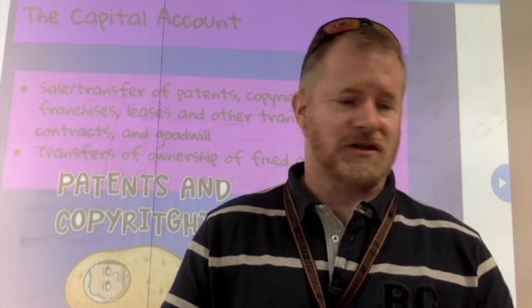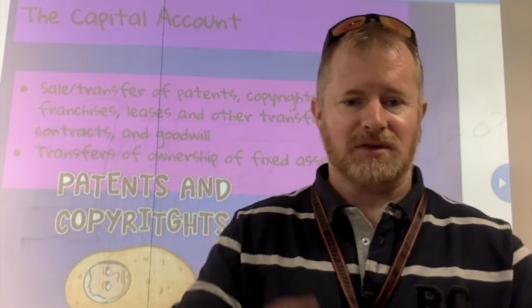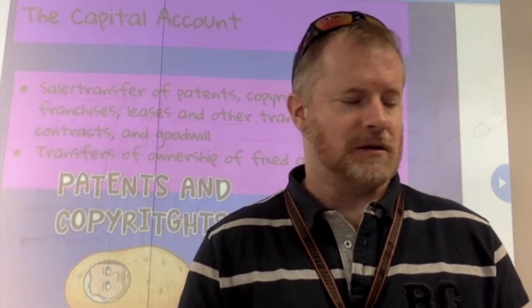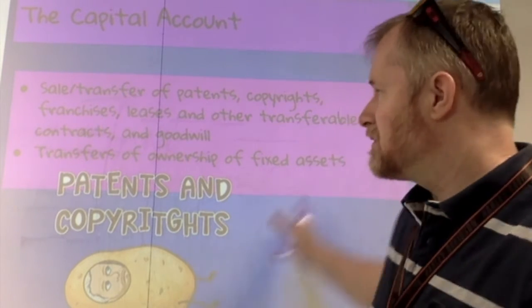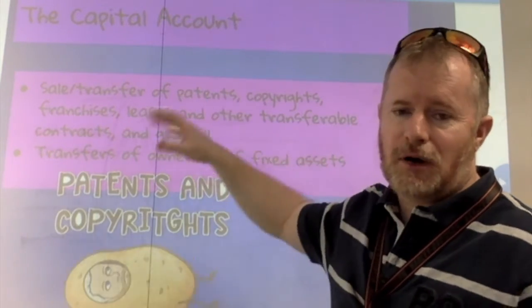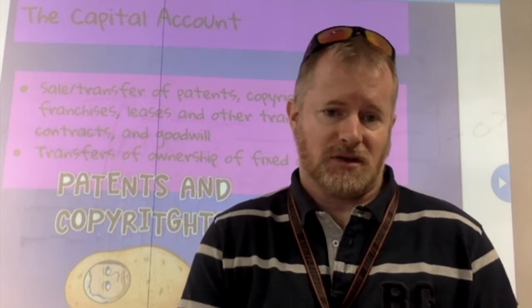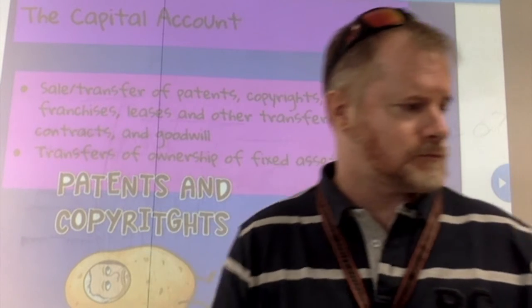So it's that sort of payment. And it's also why there are legal battles between companies about who's using the trademark of this image and so on and so forth. And there are a lot of those that happen as well. So any of that sort of information goes into the capital account, but as I said, it's really tiny in comparison to the rest of the balance.